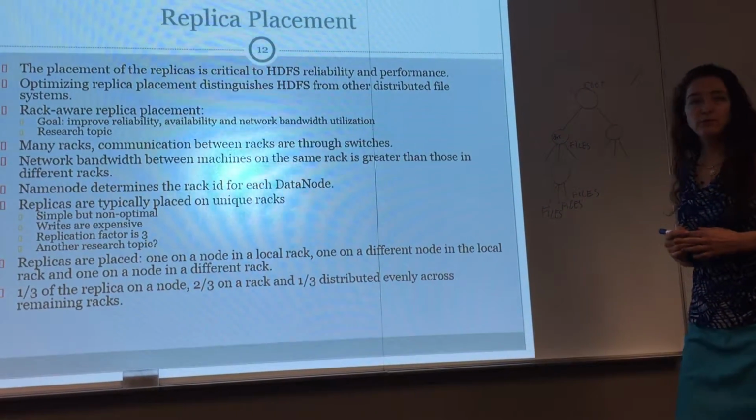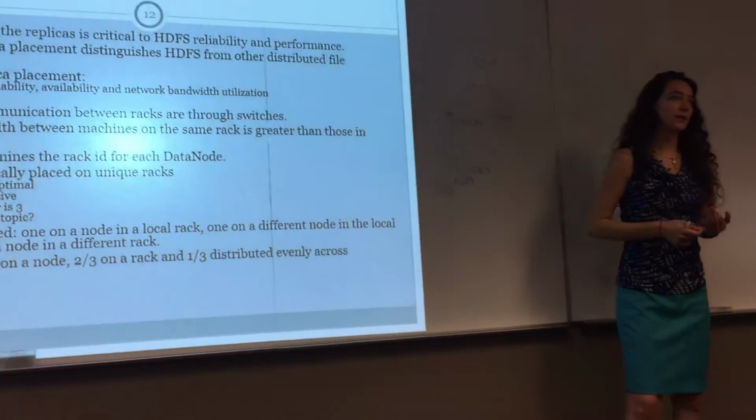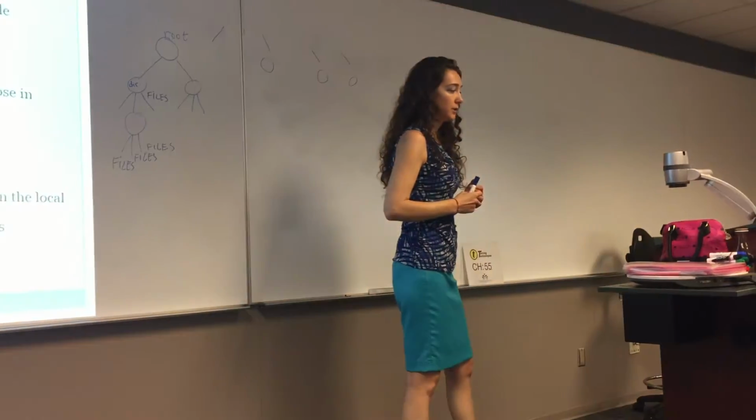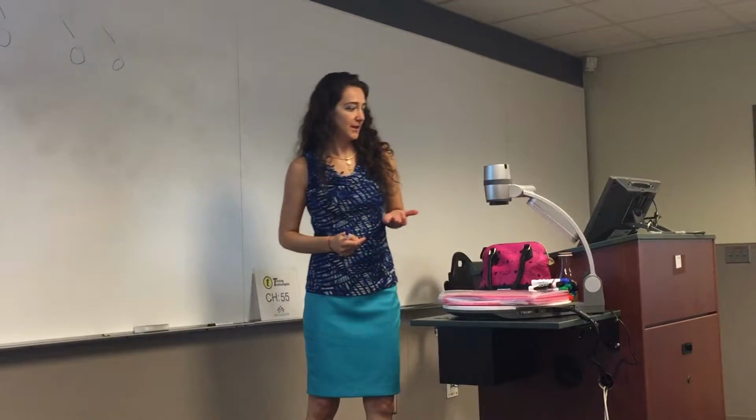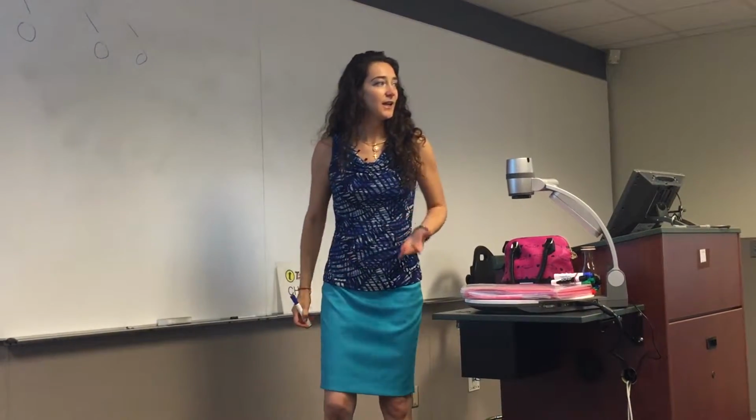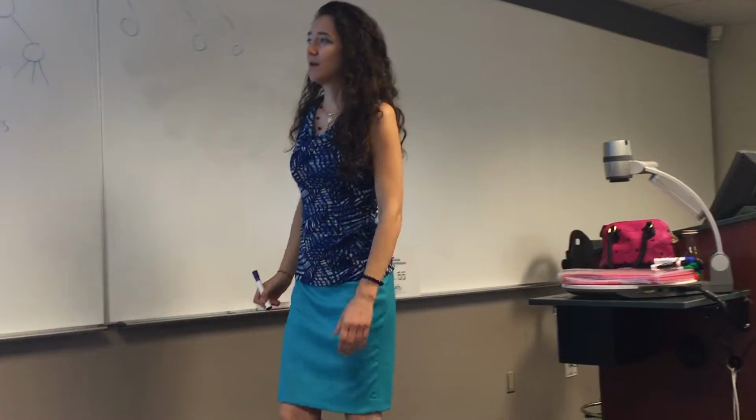Right now, the only thing we do is we place one copy on the local data node and another copy on another rack, and the third copy on the same other rack that the second copy is, and the rest is just placed at random.